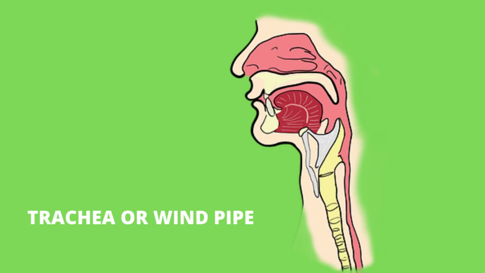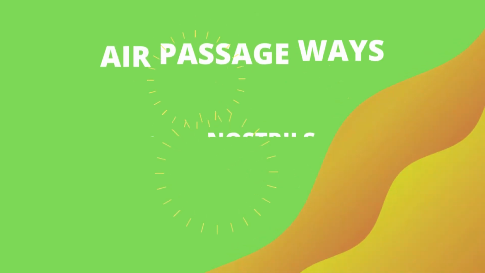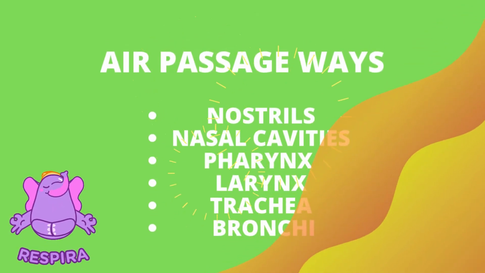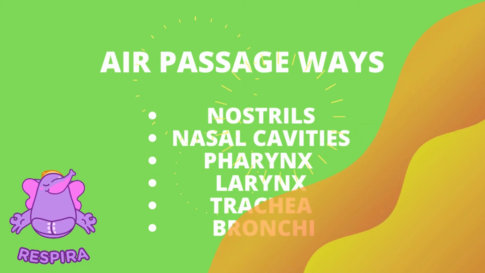In the wall of the trachea, there is a series of C-shaped cartilage rings which prevent the trachea from collapsing and keep the passage of air open. Each bronchus on entering the lungs divides and subdivides progressively.